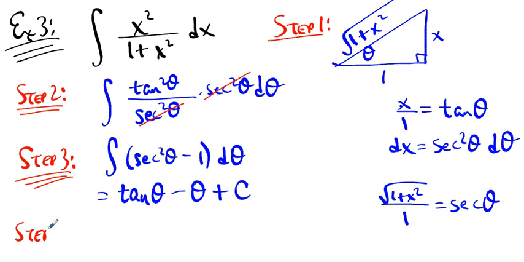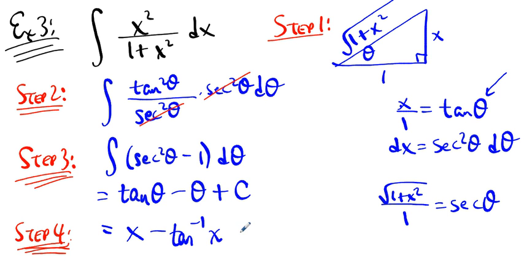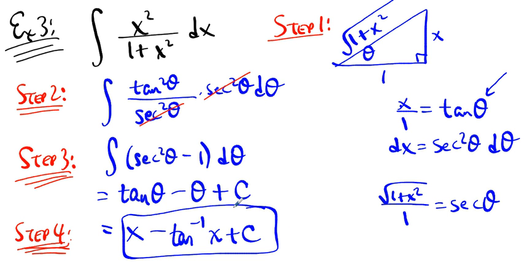And so now all we have to do is sub out all the triggy stuff for xy stuff. Tan theta, we know what tan theta is. Theta is the angle whose tangent is x. Isn't that nifty?